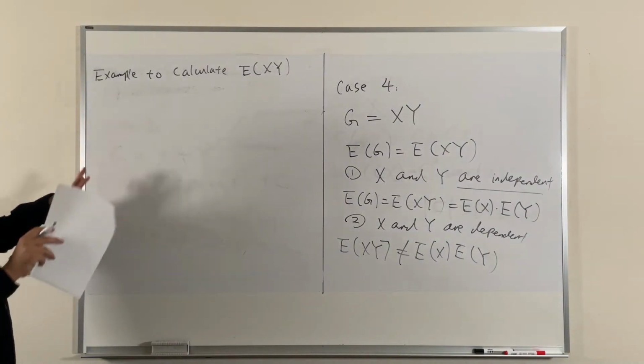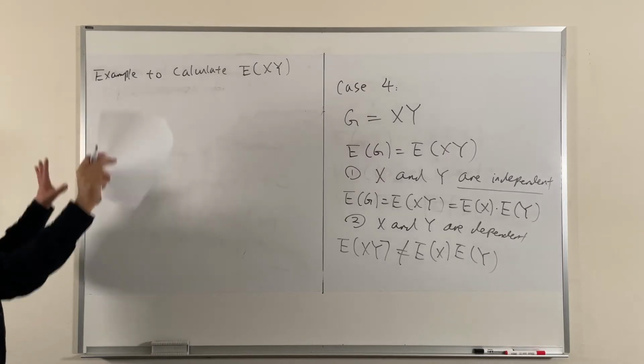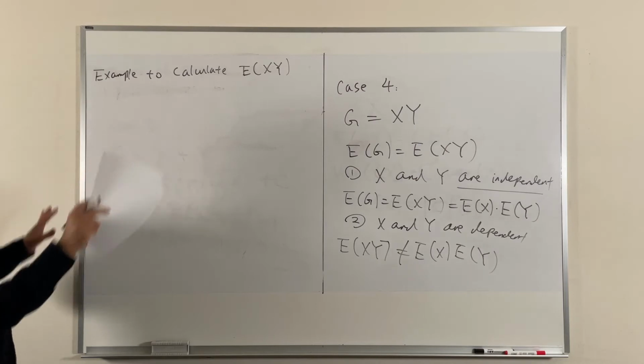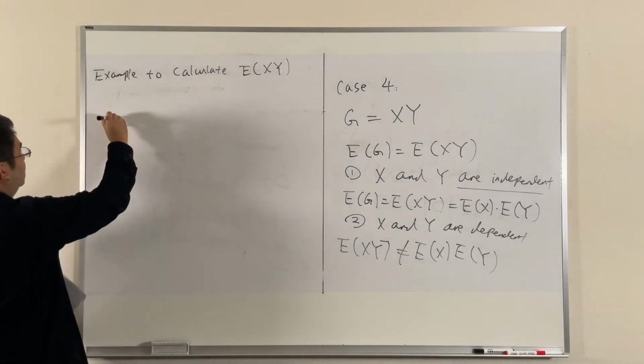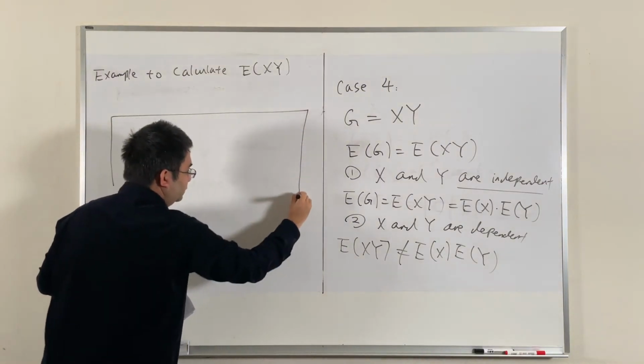To do this example, I want to introduce you to a box that contains a lot of information, and I'll show you each single piece of information. Let me first do the box.